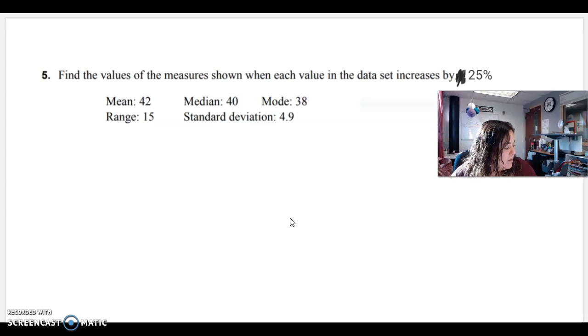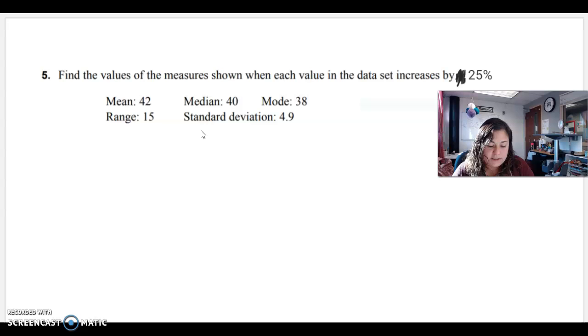So if I look back at my notes, it says when each value in a data set is multiplied by a positive number, so 1.25 would be my number here, then the measures of center and variation can be found by multiplying the original ones by k, so 1.25. So we're going to multiply all of these by 1.25, and I haven't done that yet.